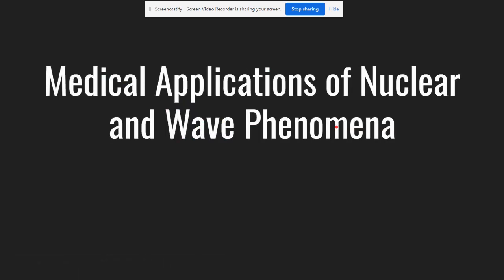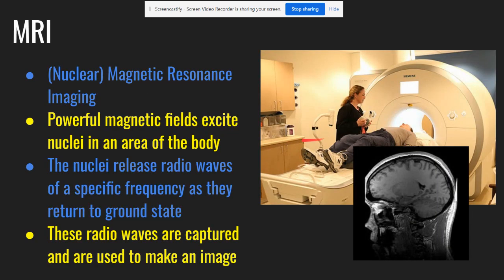Okay. Now, the next thing we're going to talk about is medical applications of nuclear and wave phenomena. So I have been through almost all of these procedures, but they do all use either nuclear principles or wave principles. An MRI, magnetic resonance imaging, has a very, very powerful magnetic field generated inside this tube, and it makes the nuclei in the body in specific areas where it's targeted get excited.